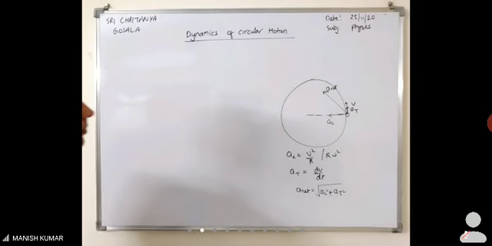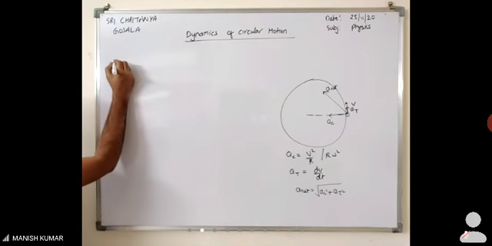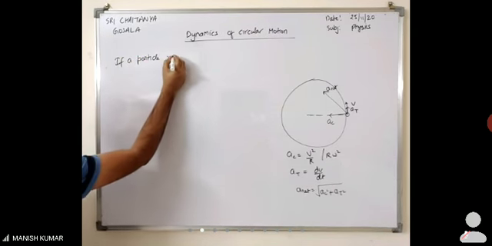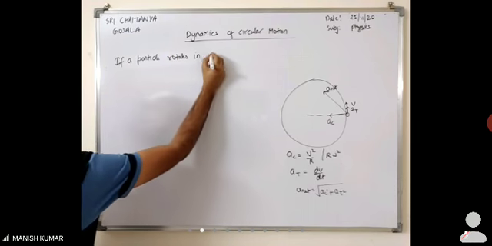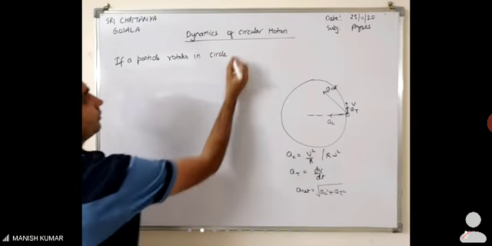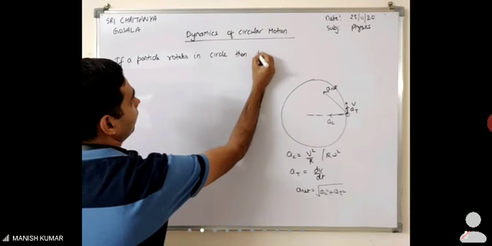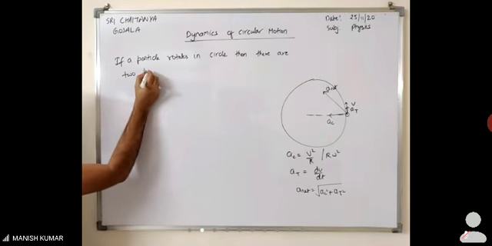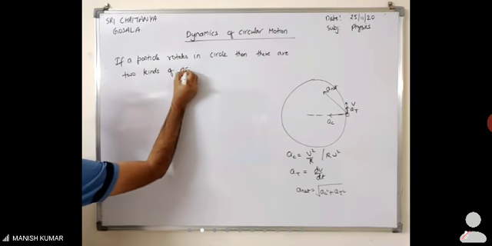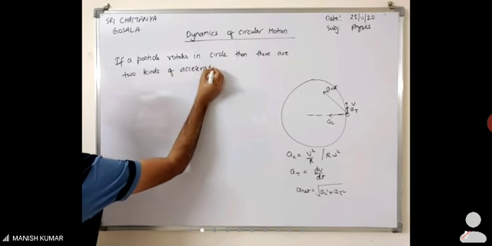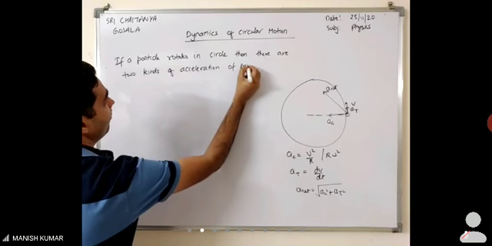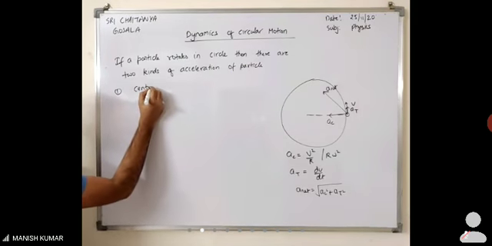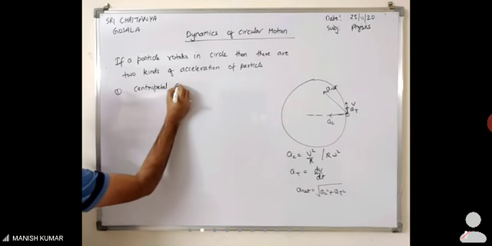So let's start. If a particle rotates in a circle, then there are two kinds of acceleration of the particle. Number one, centripetal acceleration.